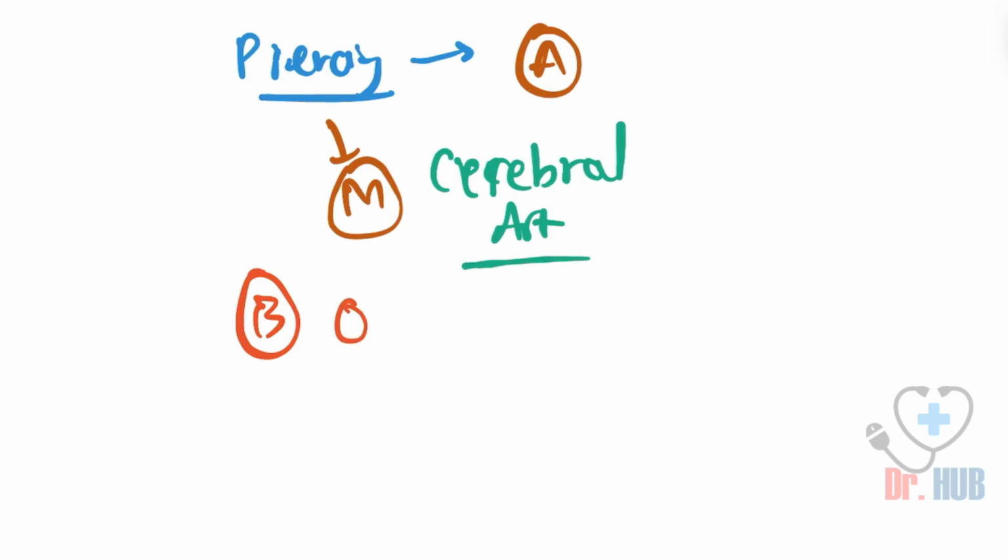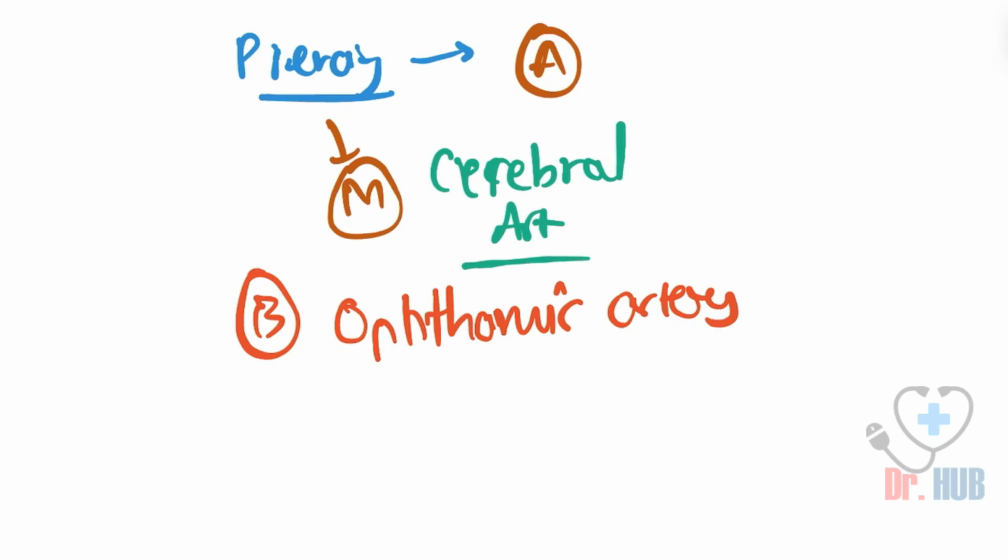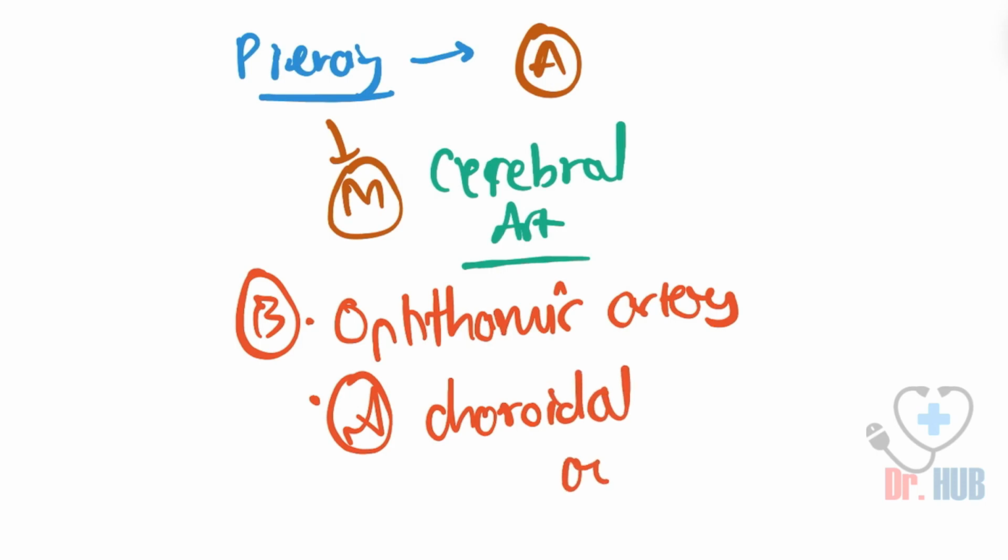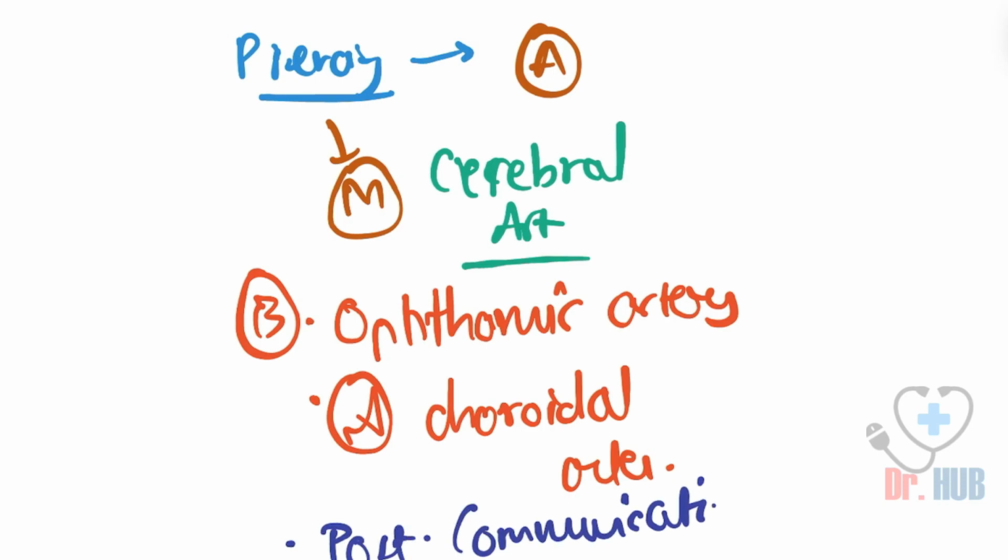The branches include the ophthalmic artery, the anterior choroidal artery, and the posterior communicating artery.